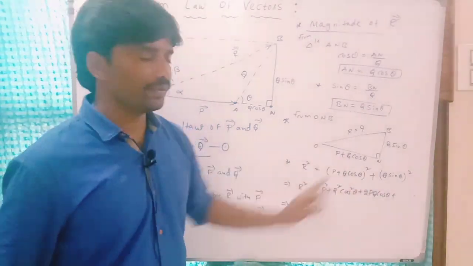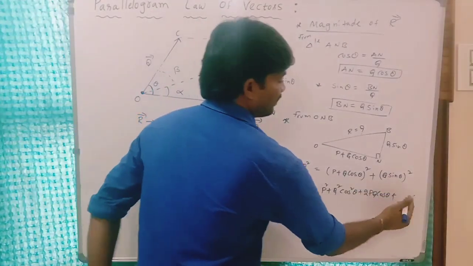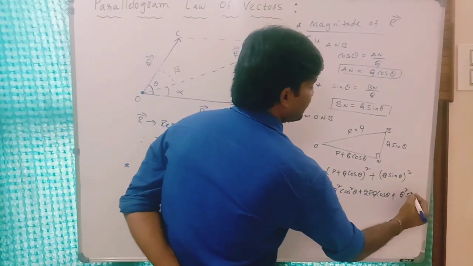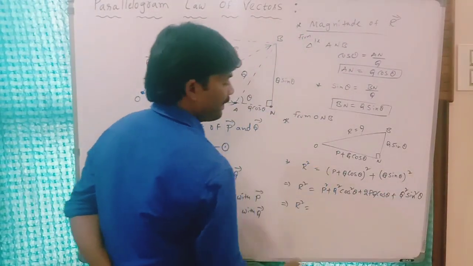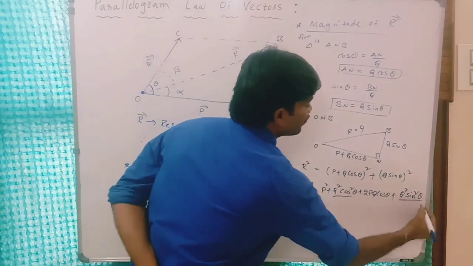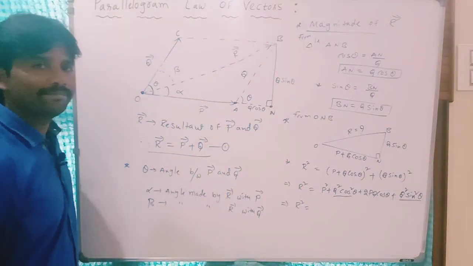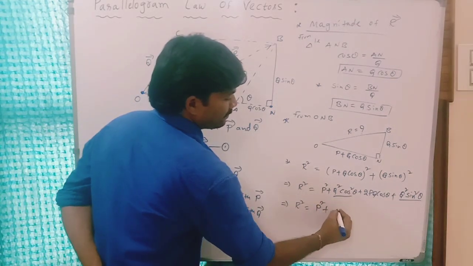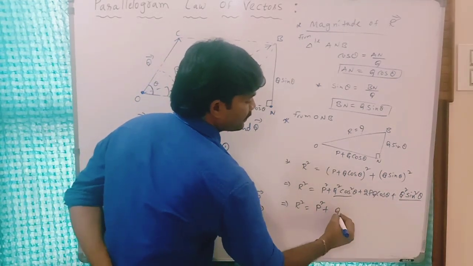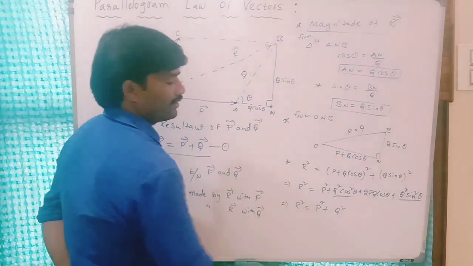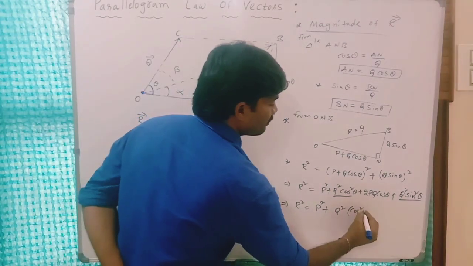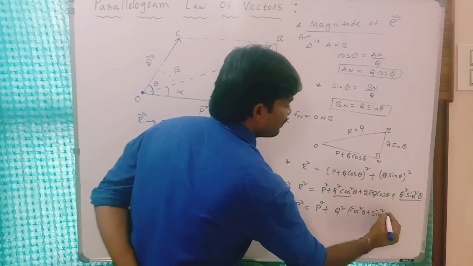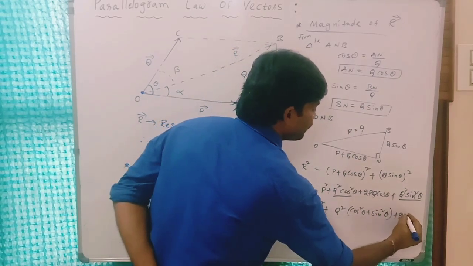B is what? Q cos theta. Now this one, Q square sin square theta. Now you can see here from these two terms Q square is common, and write the remaining terms same. From these two terms Q square common, cos square theta plus sin square theta, plus 2PQ cos theta.